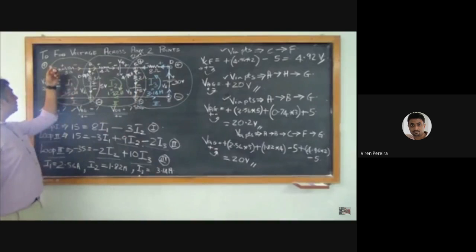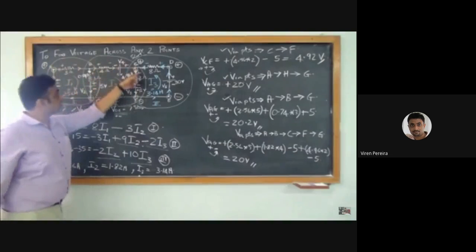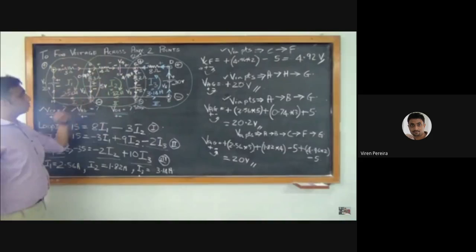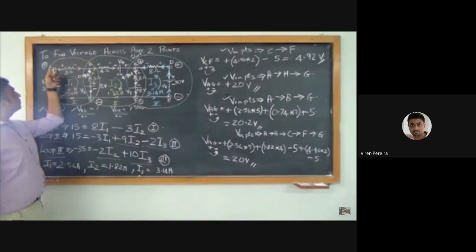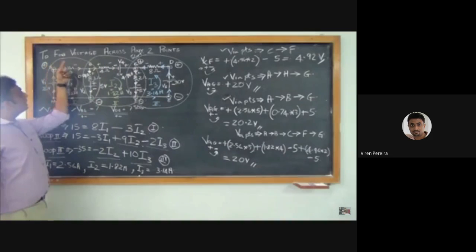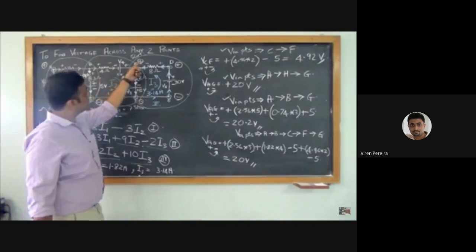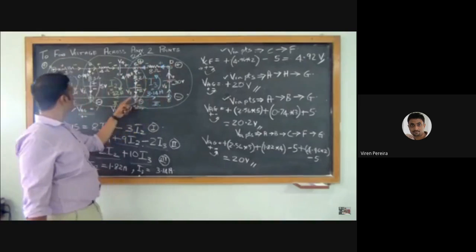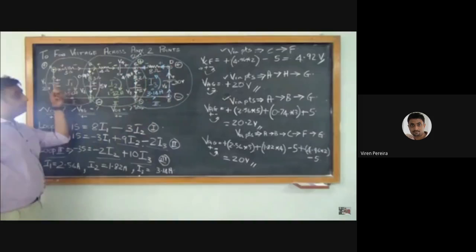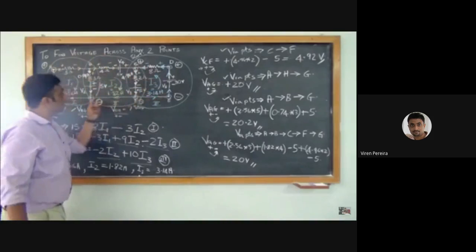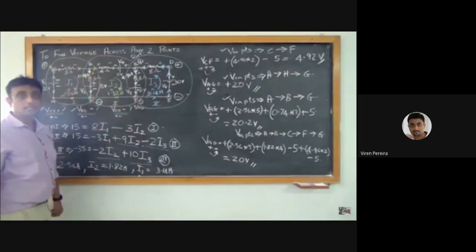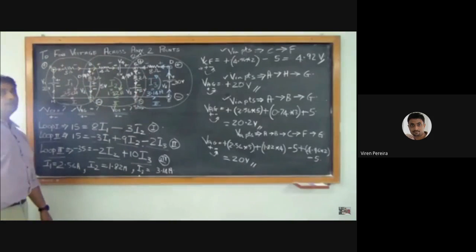So in the same way, how I found out for this loop, which is equal to 20 volts, I can even find out from wire points A to B, B to C, C to D, D to E, E to F and F to G. So even if you do via these points, you will yield the same result, that is 20 volts.